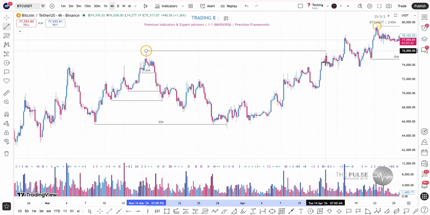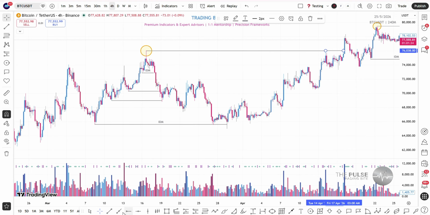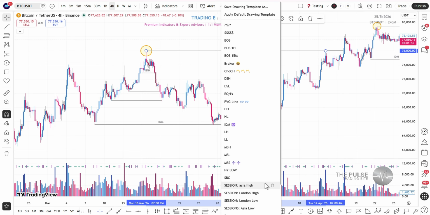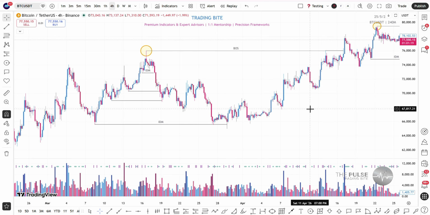It did not close here and it did not close here, it closed right here. So this is our breakout structure. Now, is this a valid breakout structure? Of course, this is a valid breakout structure and a valid swing.